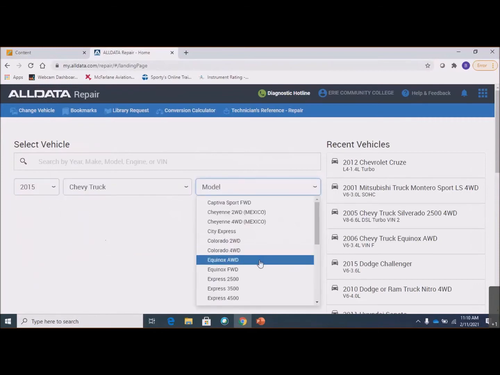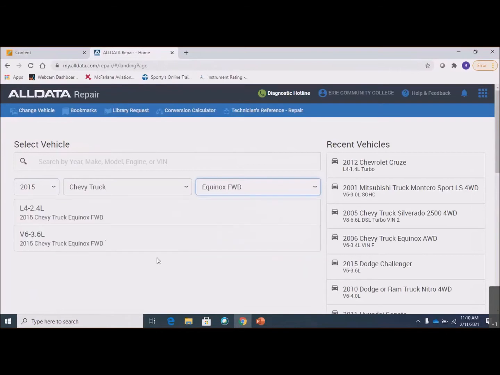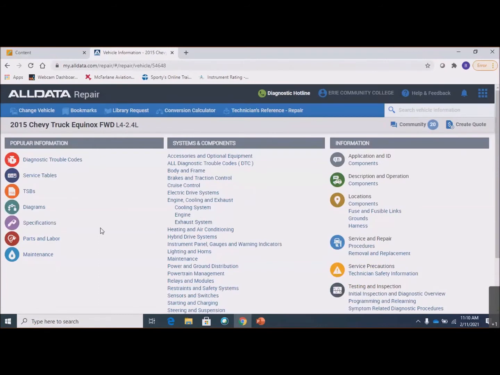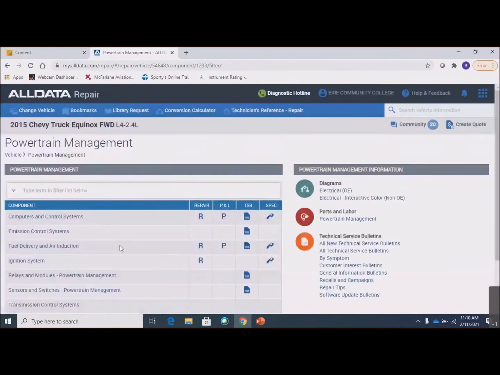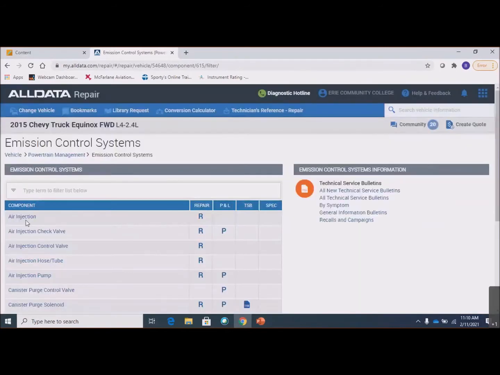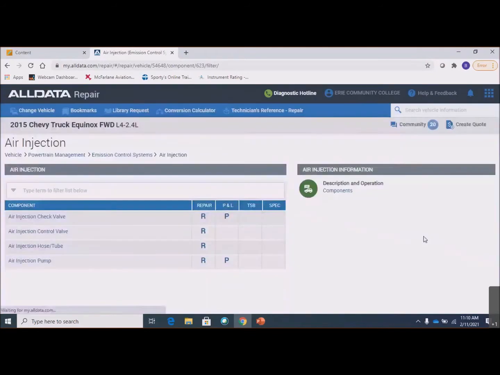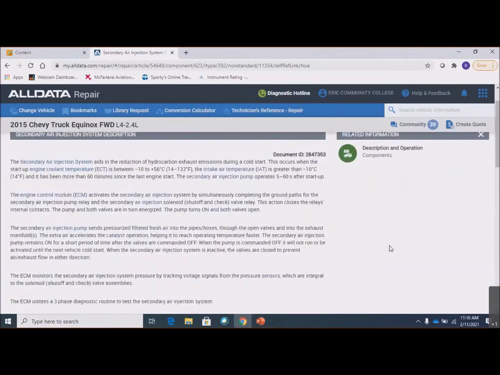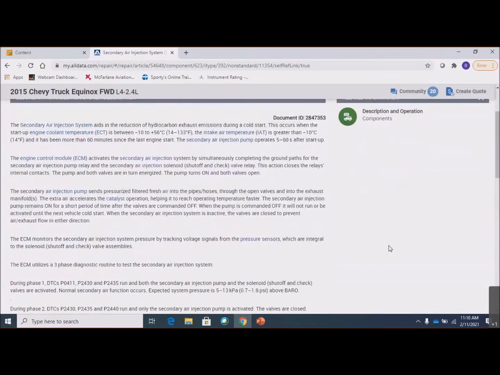Chevy truck, it was an Equinox front wheel drive with the 2.4. And under powertrain management here, emission control systems, we'll look at air injection. I just want to look at the description here, and I don't expect everyone to read the whole thing. You can go to this yourself, whatever you want.